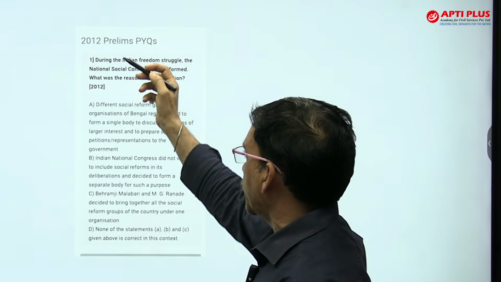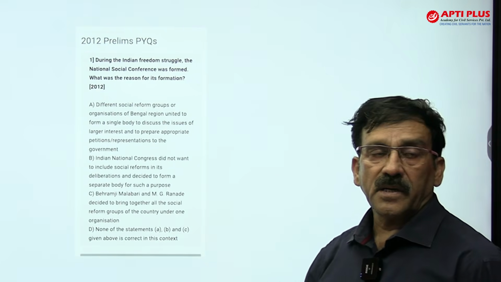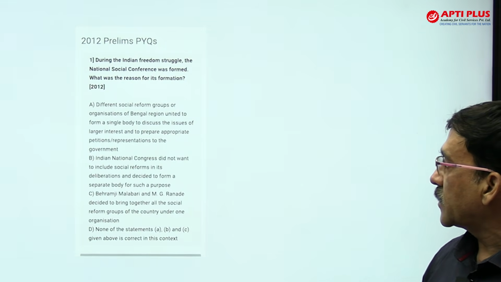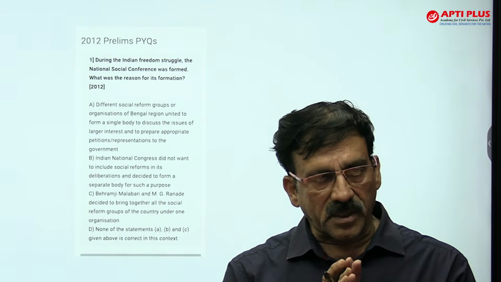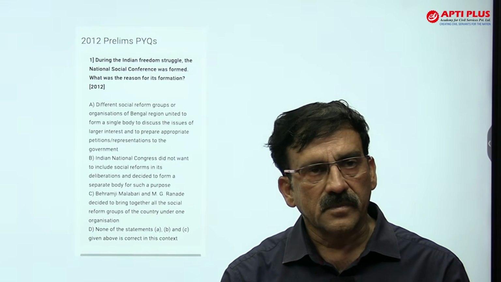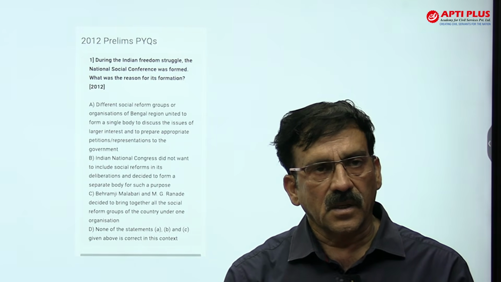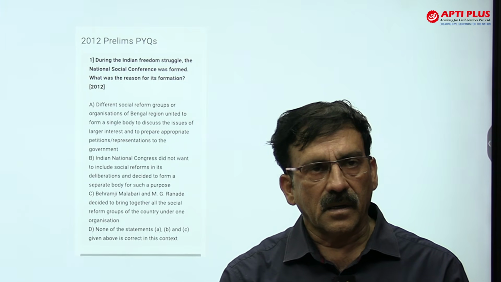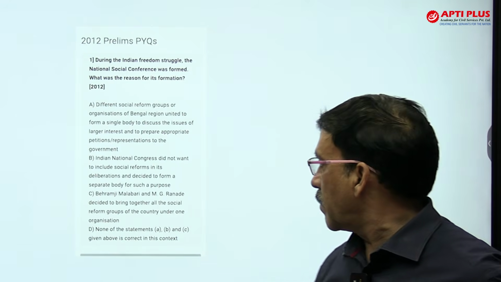This is a very interesting question. During the freedom struggle, the Indian National Social Conference was formed. Keep in your mind, it's a social cell of the Congress, because Congress wanted social issues to be discussed separately. Hence, in the 3rd session of Congress, that is Madras, Congress formed a social cell in Madras by the name Indian National Social Conference.